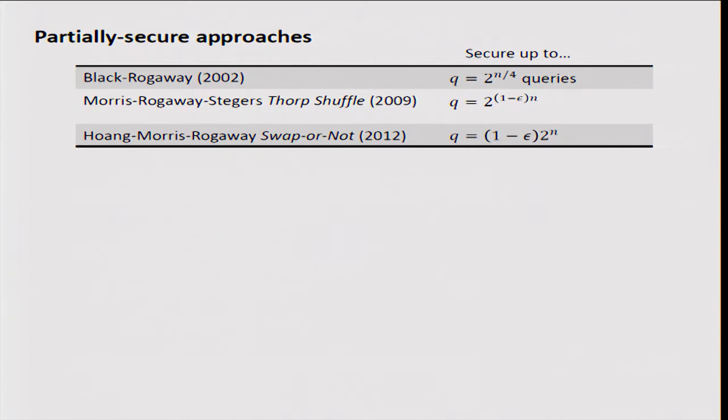Then just last year here at Crypto, Hoang, Morris, and Rogaway introduced the swap-or-not cipher. Again, they are improving the bound with each iteration of these papers. But you'll see they're still not quite at full security. Ideally, we'd like to go into this swap-or-not bound here and get rid of the minus epsilon. We really want full security out of this.